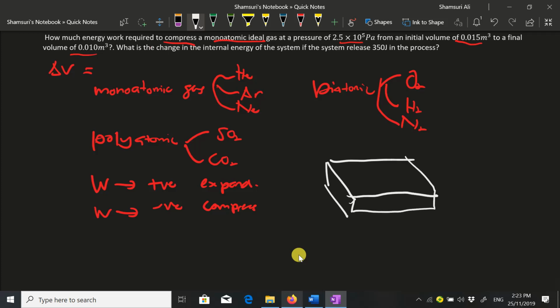We have something that we can compress. Initially maybe it's in this position, and then we apply a force toward this one.